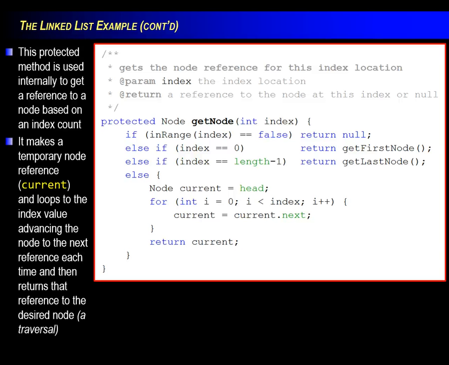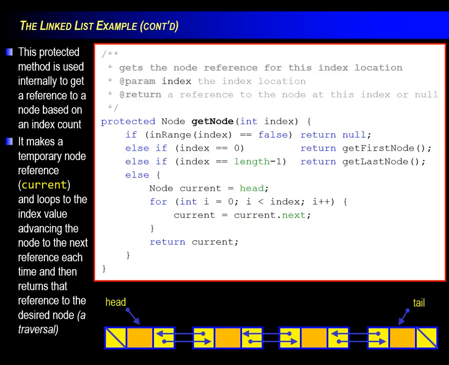So getNode is in the slide notes, and it has a couple points. This protected method is used internally to get a reference to a node based on an index number. It makes a temporary node called current. There it is right there. And it loops, advancing current by going current equals current.next. The animation here shows that current starts at the head, but then it says current equals head.next, which moves it along to the next node.